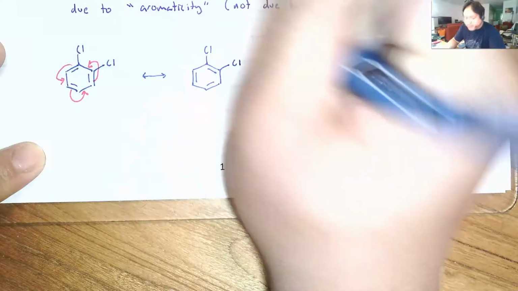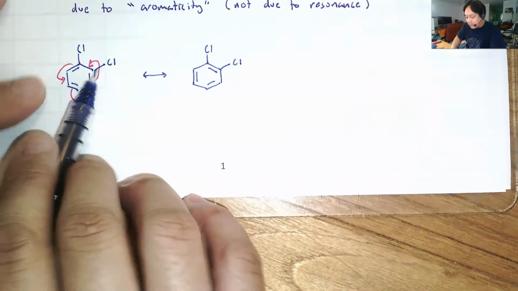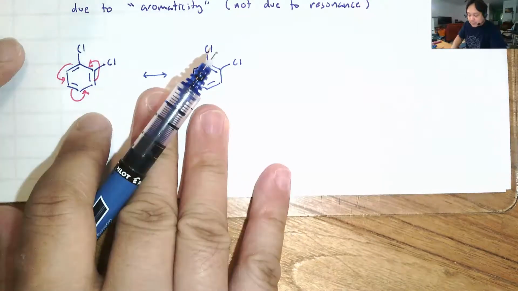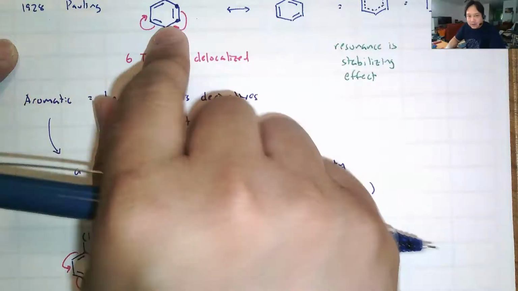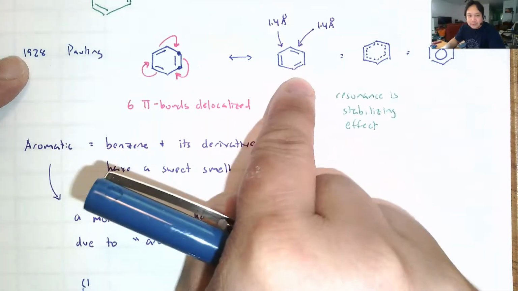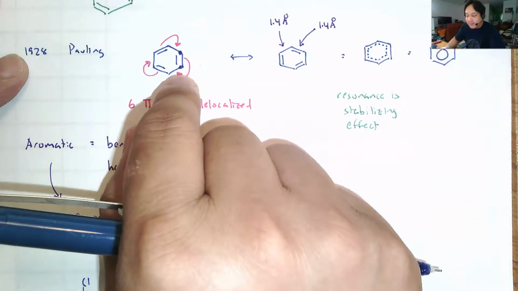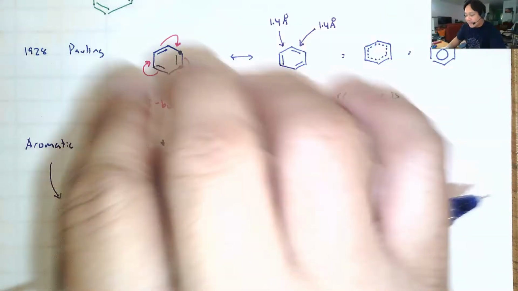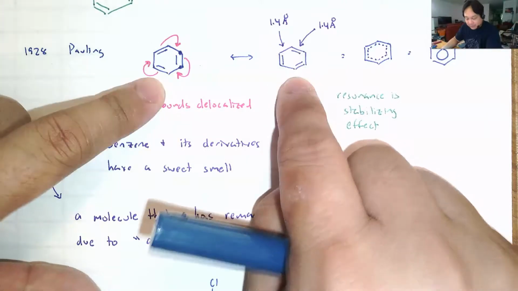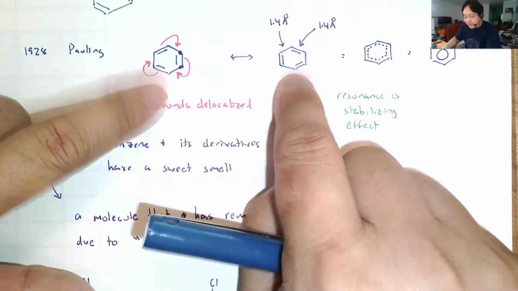Now we can really tell that between the two chlorines, the carbons connected to two chlorines, one of them is a single bond and one of them is a double bond. So it's not a question of rotating the molecule to get this one. We're really getting this second molecule by shifting or delocalizing the pi electrons. It's not as if these are considered identical structures. They are two resonance contributors of the same structure.